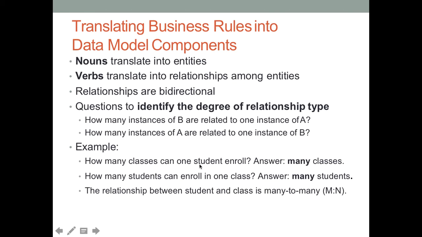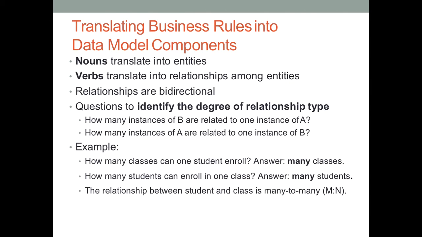Okay. So next is how to translate business rules into data model components. Very simple: nouns translate to entities, and verbs translate into relationships among entities. For example, the business rule, a customer may generate many invoices, contains two nouns, right? Customer and invoice, and one verb, generate, that's associated with those two nouns.